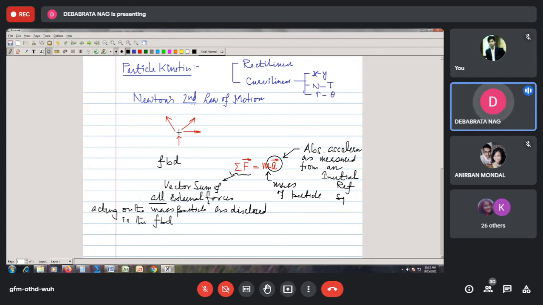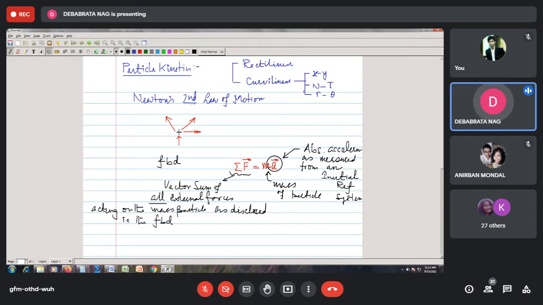That means your reference system either needs to be absolutely fixed, taking into consideration nothing in this universe is absolutely fixed. For us, any reference frame mounted on the earth is considered to be an absolutely fixed reference system. So either our reference system is absolutely fixed or it may be moving with a uniform velocity along a straight line, correct? But it should not have any acceleration, nor any rotational motion or angular velocity. So you need to remember these things. So the acceleration is the absolute acceleration.